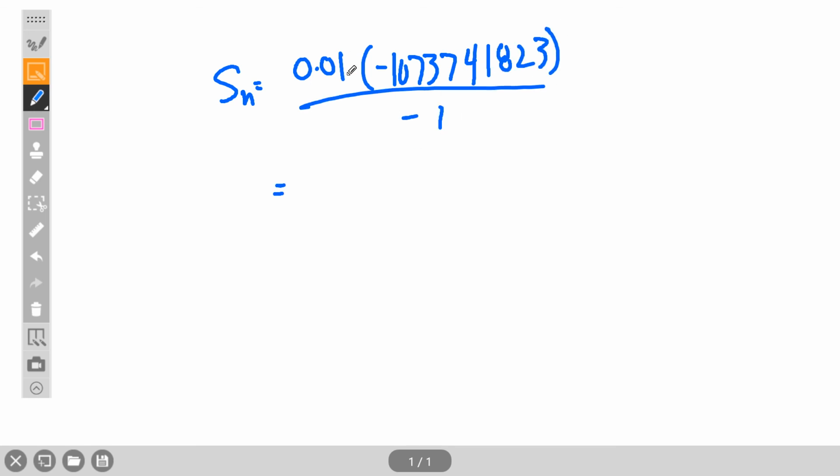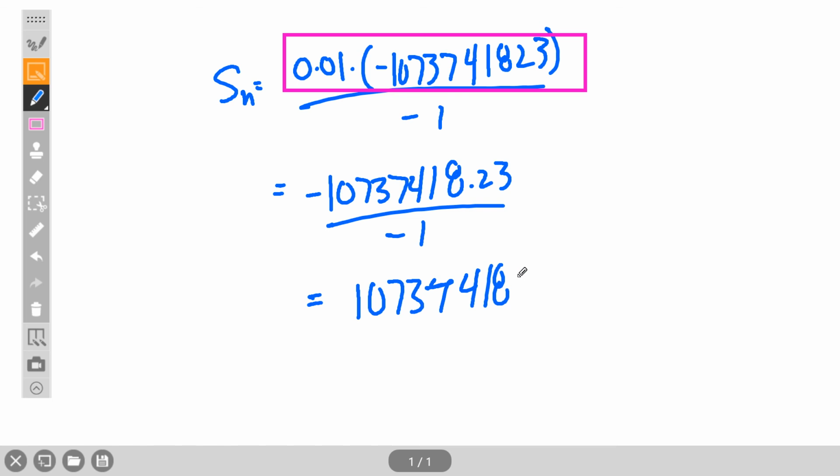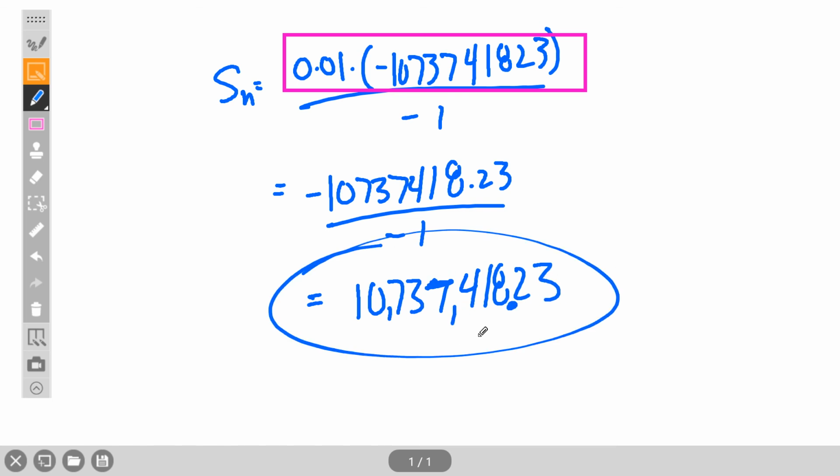So multiplying this by, so I can do this next. So that would be negative 10737418.23 over negative 1, and that just turns it positive. So 10737418.23. So this is actually over $10 million.